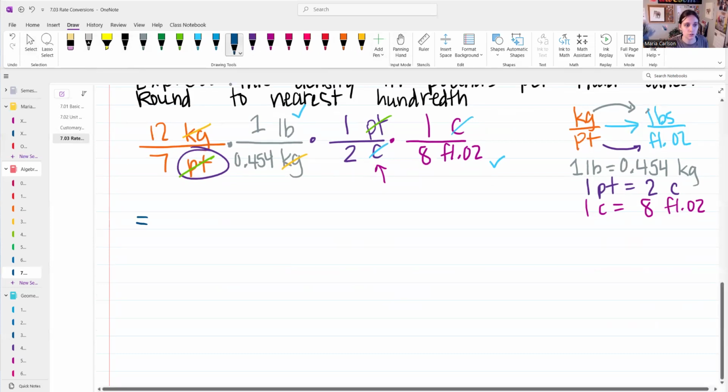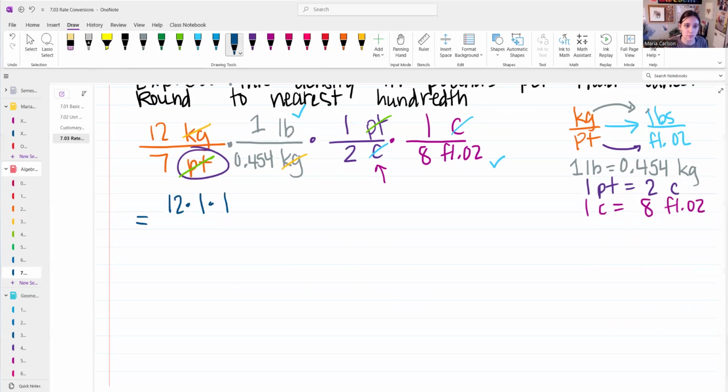So this is equal to, across the numerator, we have 12 times 1 times 1 times 1, and that is pounds, over 7 times 0.454 times 2 times 8 fluid ounces. And these are all multiplication symbols here, not to be confused with decimals.